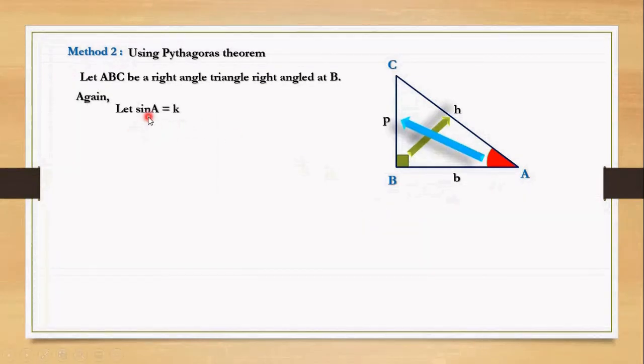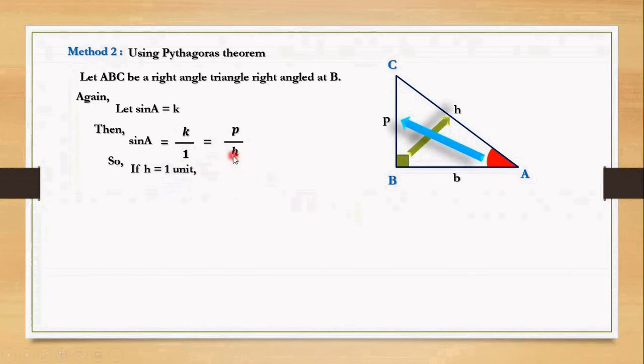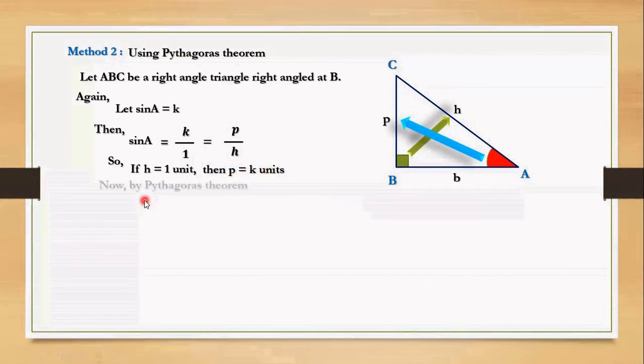Now let's suppose sine A equals K. It can also be written as sine A equals K by 1. We know the ratio of sine A is perpendicular by hypotenuse. So if hypotenuse equals 1 unit, then P equals K units.